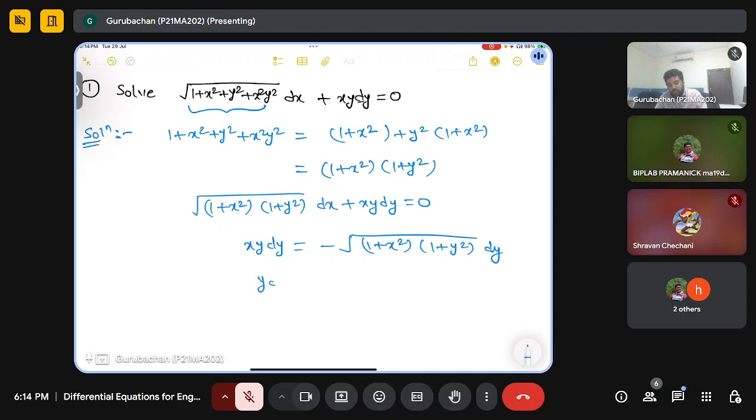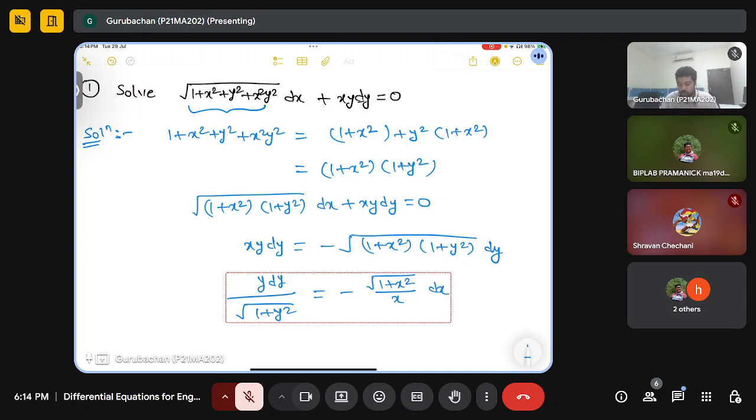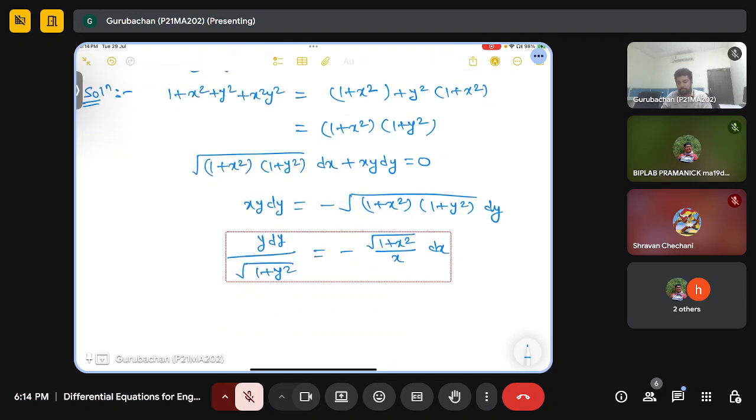So it will give you y dy divided by the square root of 1 plus y square equal to minus the square root of 1 plus x square divided by x dx. Correct? You can stop me if I make some calculation mistake.